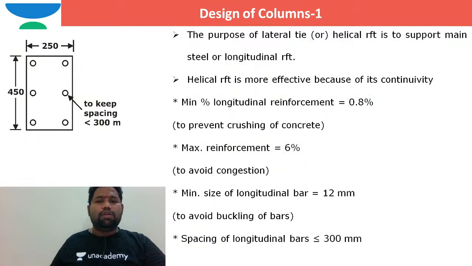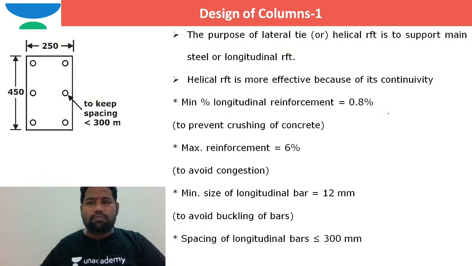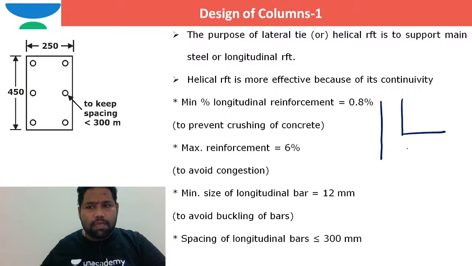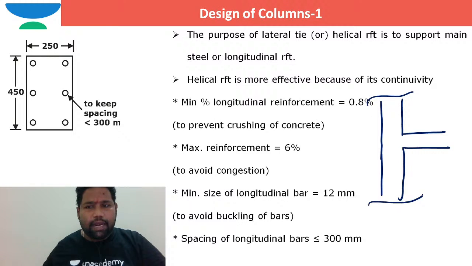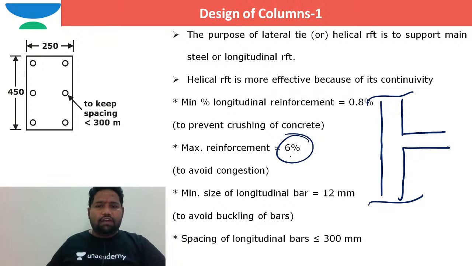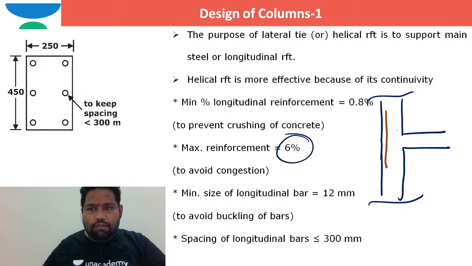Let us suppose you take a beam column junction. This is a column, this is a column, and this is a beam. At the beam column junction, let us suppose you had provided a higher percentage of reinforcement, more than 6 percentage. So the spacing of the reinforcement is very congested, maybe in this way.